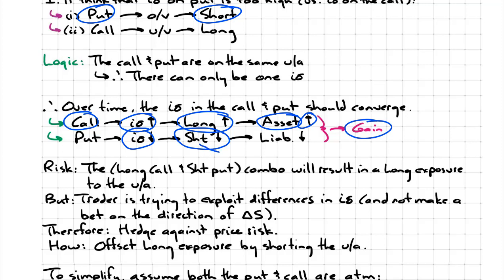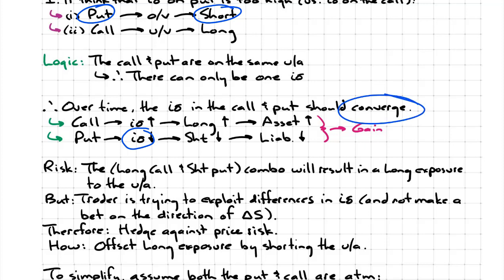And I always like to refer to a short position as a liability, because you owe, because you sold it. So short value coming down, it's a lot like saying the value of your liability is coming down, which also contributes to your gain. And again, this only works if you expect the implied volatility on the options to converge. So then what's the risk?